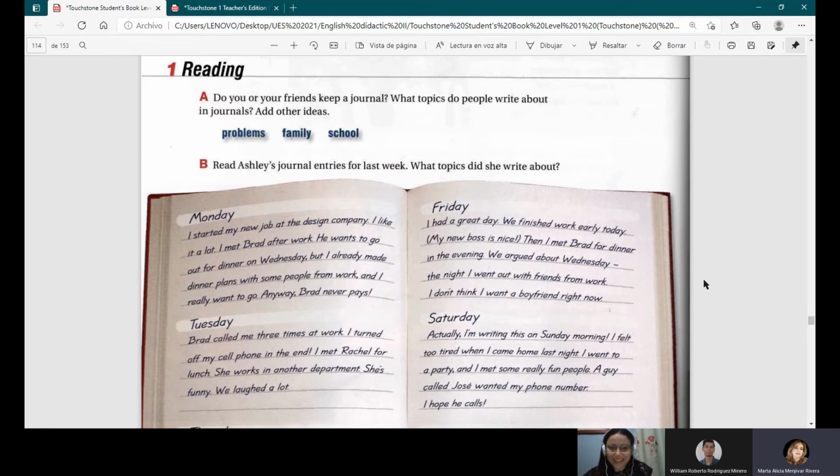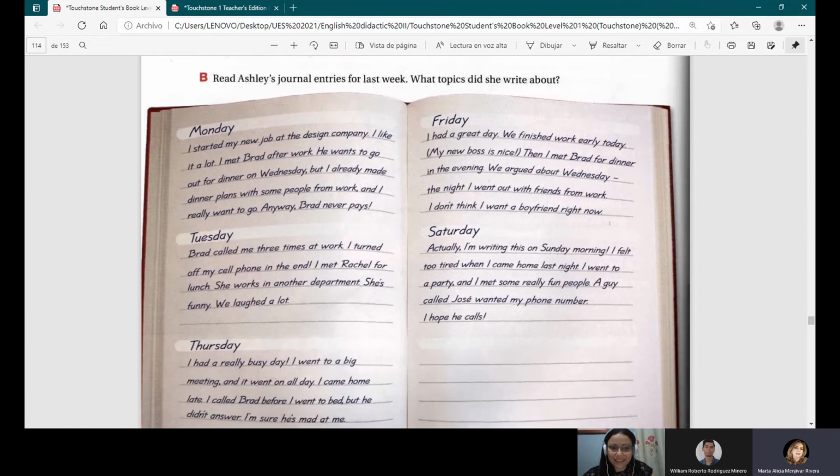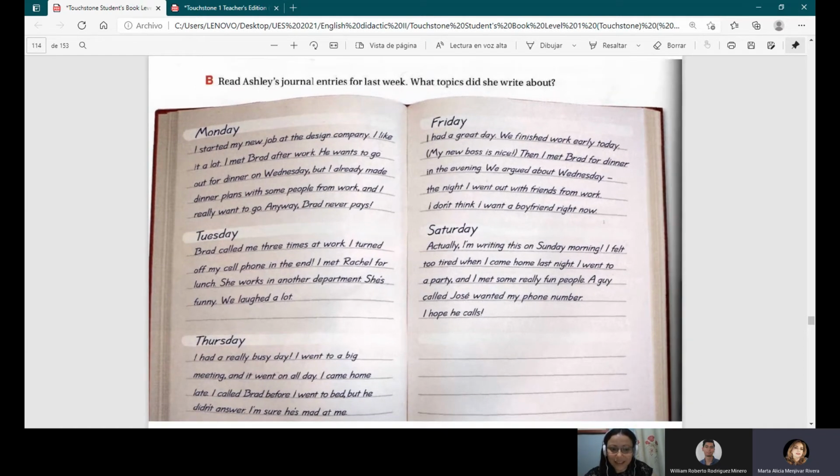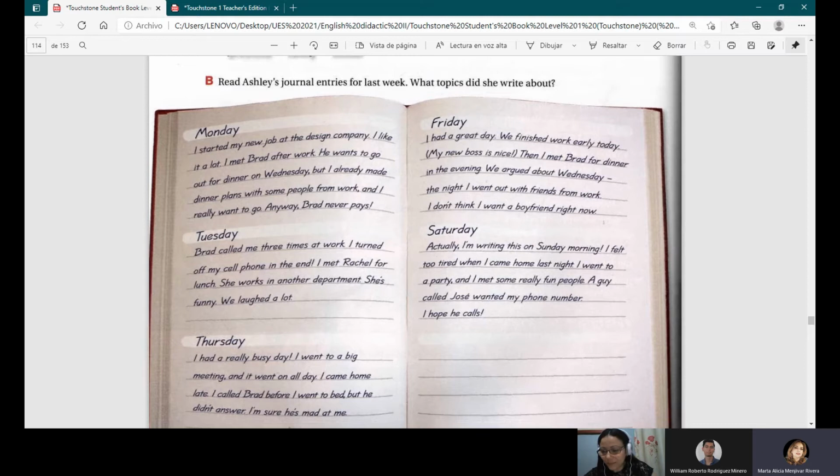Yes, when I was young, a very long time ago, actually, when I was at school, I used to have a journal. It was very nice because you have good memories for those times, and it is interesting because you remember what you did in those days. It was marvelous.